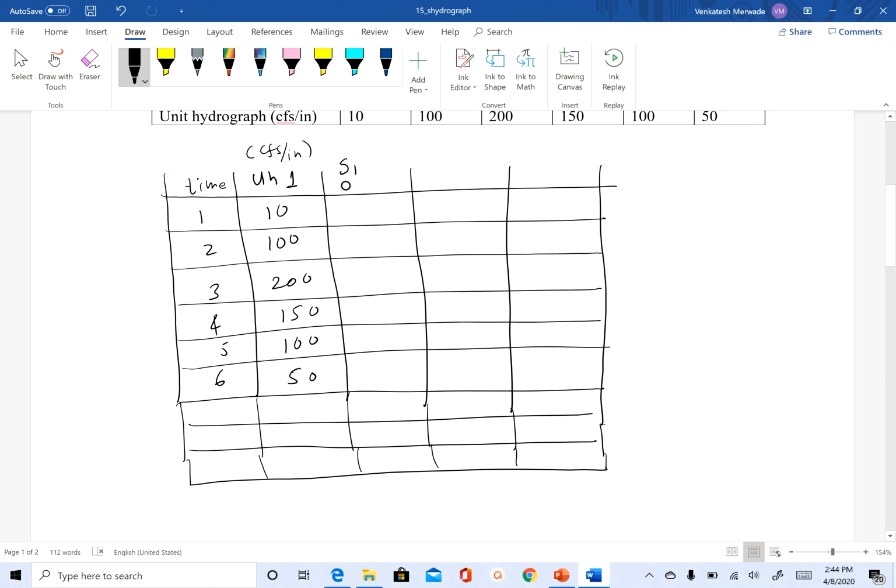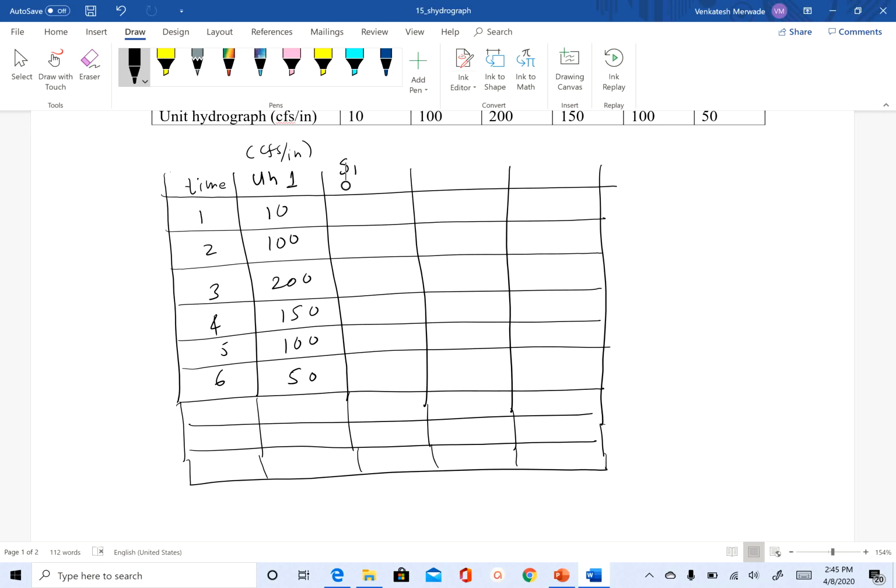The time step is 1. When we convert discharge ordinates into volume, we multiply by time. Since we have the discharge in cubic feet per second, ideally you would convert time into seconds and multiply that.